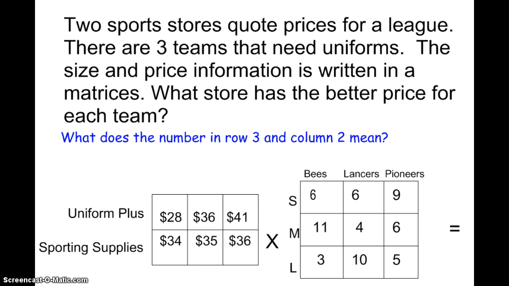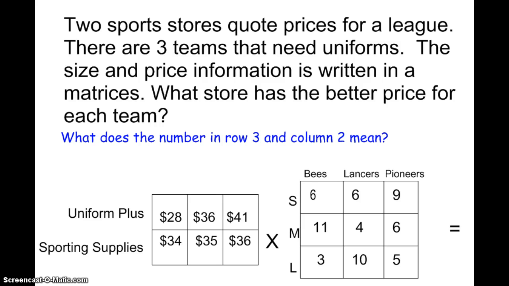Okay, at this point we're going to be talking about matrix multiplication, but the best way I think we can do that is by putting it in terms of context. How would we actually find out this information? And I want you to work through these problems, and then if you've got questions, we'll talk about them tomorrow during class. So 2 sports stores quote prices for a league.